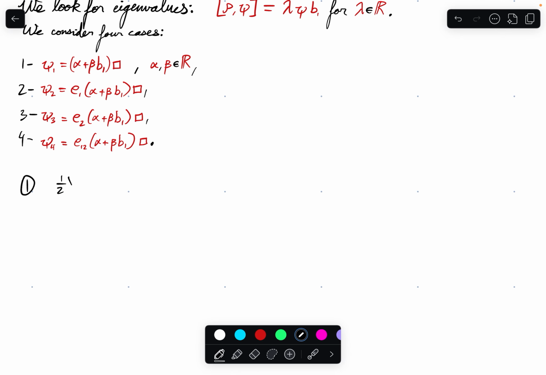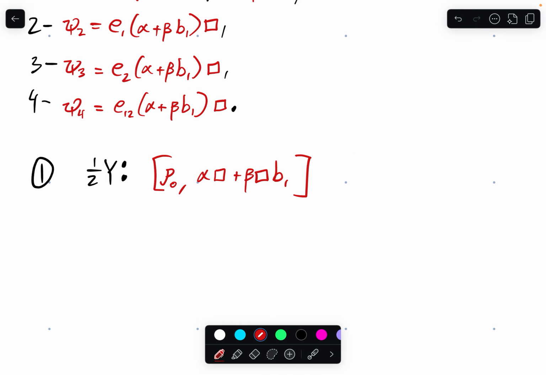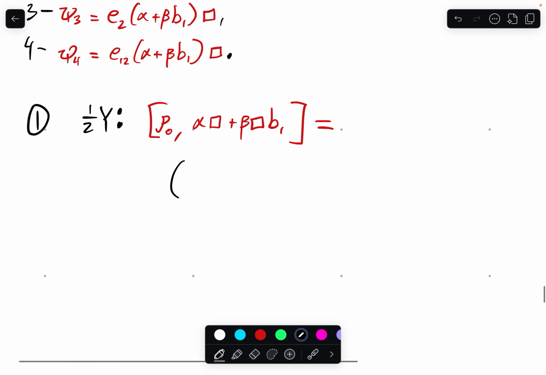So for the first case, let's consider hypercharge. We have rho naught with alpha box plus beta box B1. Rho naught commutes with box, and B1 commutes with rho naught. Why does this happen specifically?